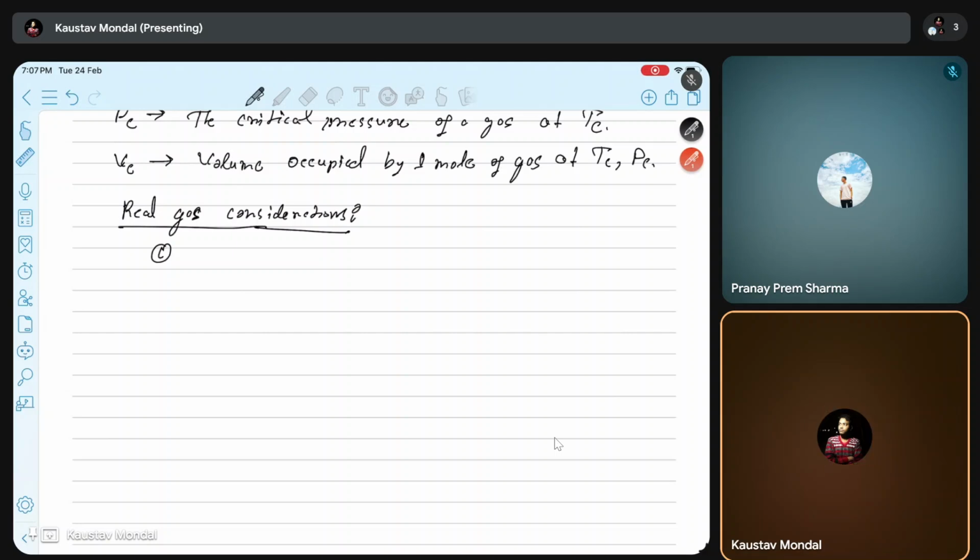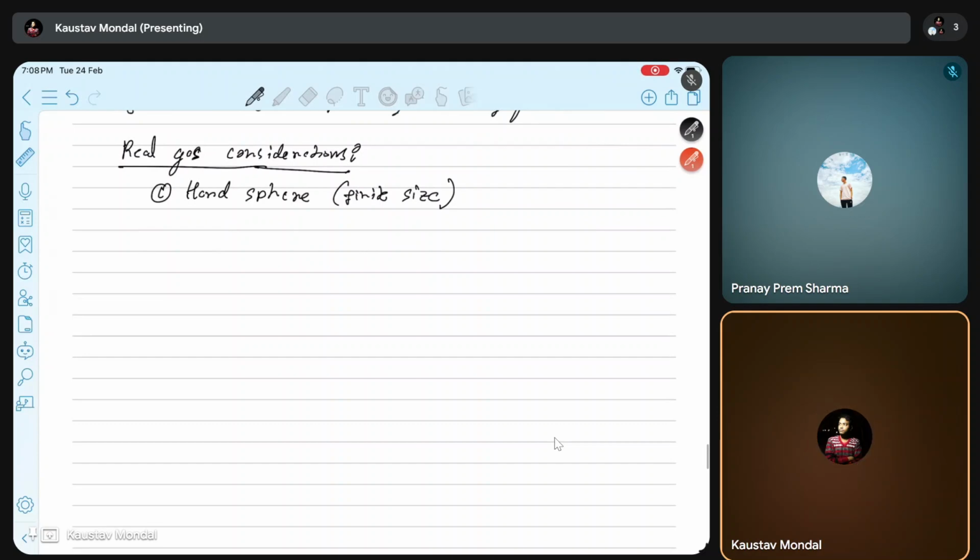One is hard spheres. He considered the real gas as made of hard spheres of finite size, which is not there in the assumptions of ideal gases, where we considered gas as only point particles that don't have any volume at all. Here the gas particles are hard spheres with finite size.